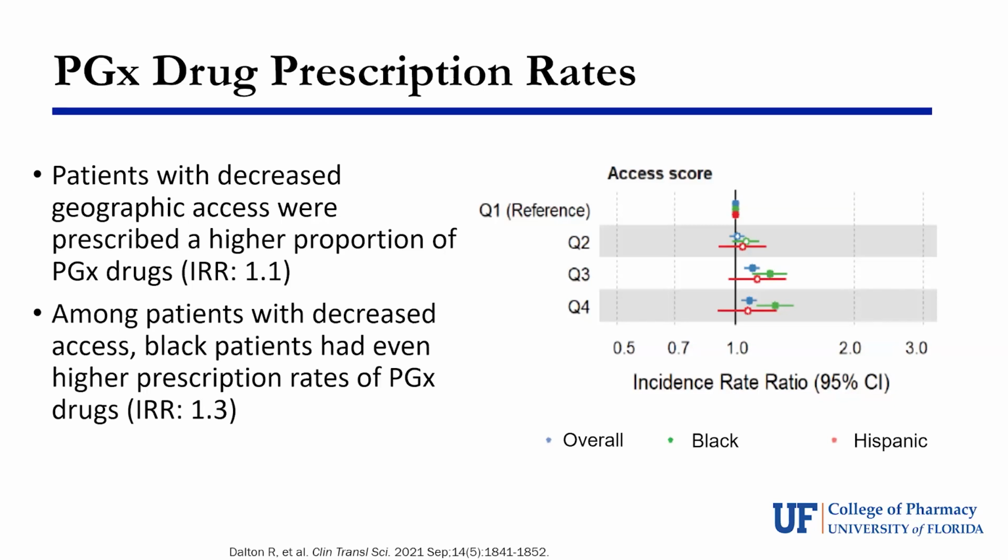But then when we broke it down by race, we found that Black patients had an even higher rate of PGX drug prescribing than the overall quartile. And you can see that here in both quartiles 3 and 4, but particularly in quartile 4.